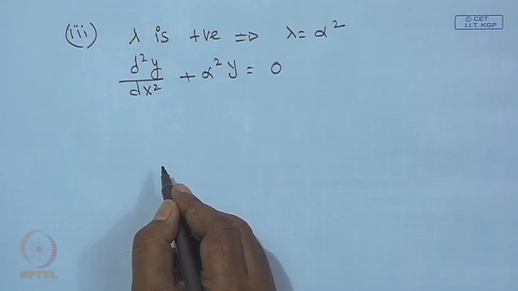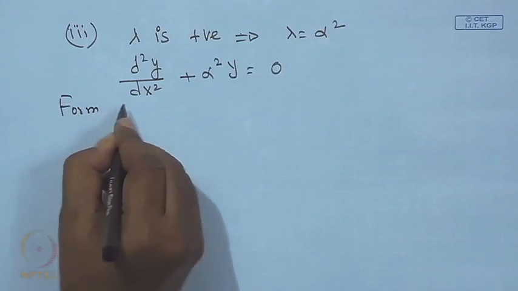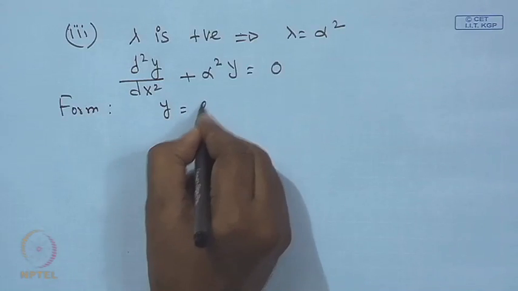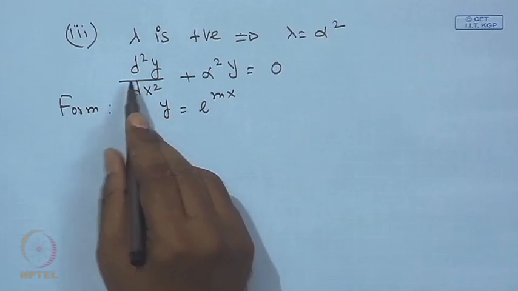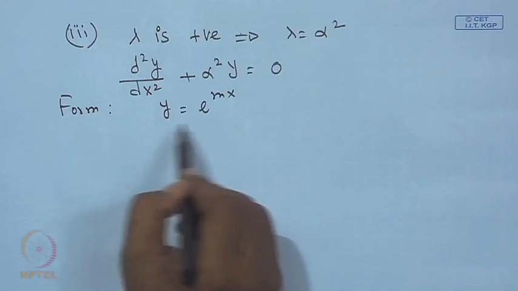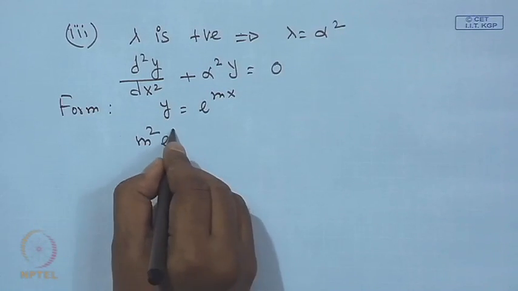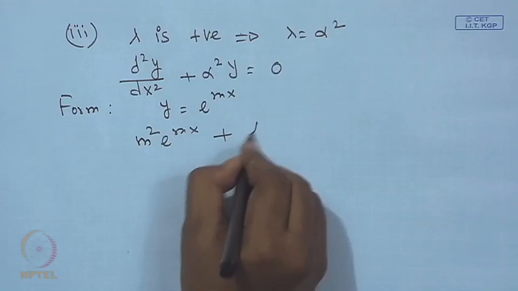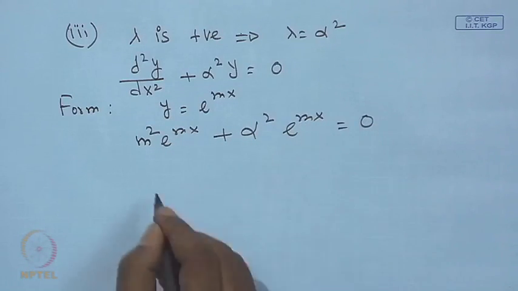So, let us again look into the solution. The form of the solution is again y is equal to e to the power m x. So, we just put the double differentiation of this equation here. So, this becomes m square e to the power m x plus alpha square e to the power m x is equal to 0.